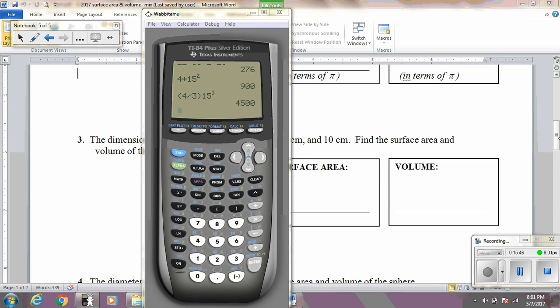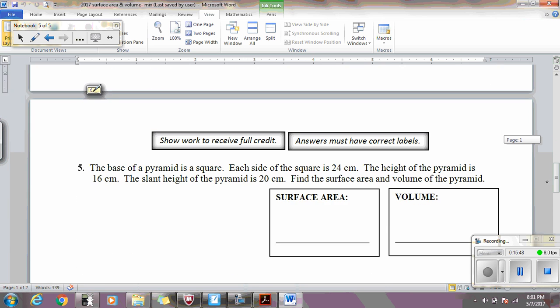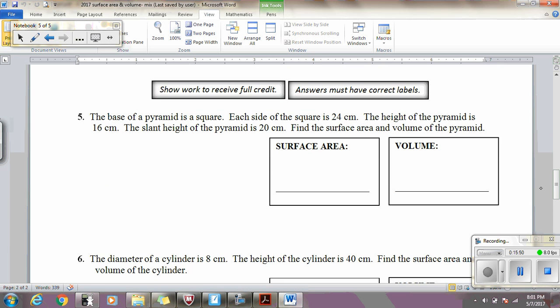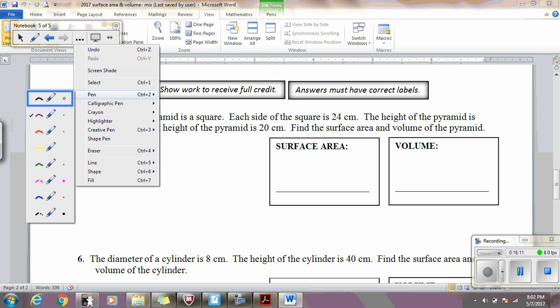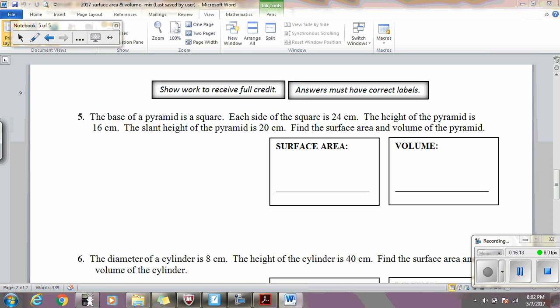Okay, let's go on. Number 5 says the base of a pyramid is a square. Each side of the square is 24 centimeters. The height of the pyramid is 16. The slant height of the pyramid is 20. Find the surface area and the volume. So it's a square base.